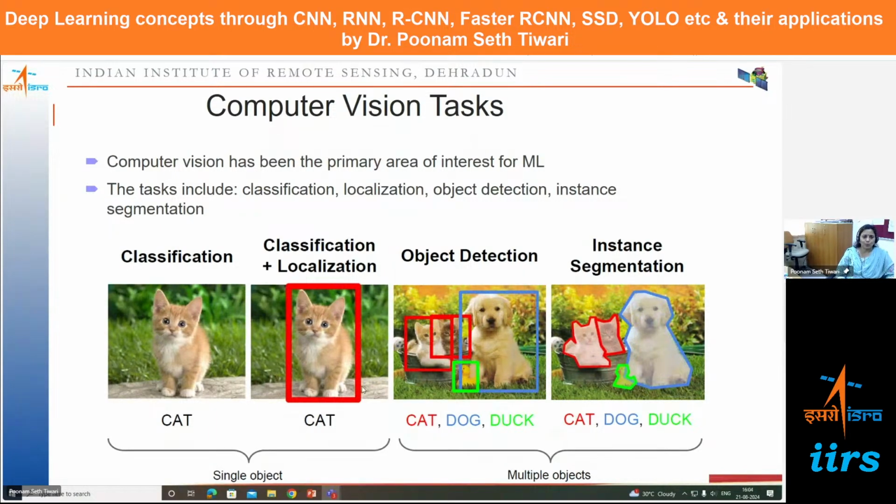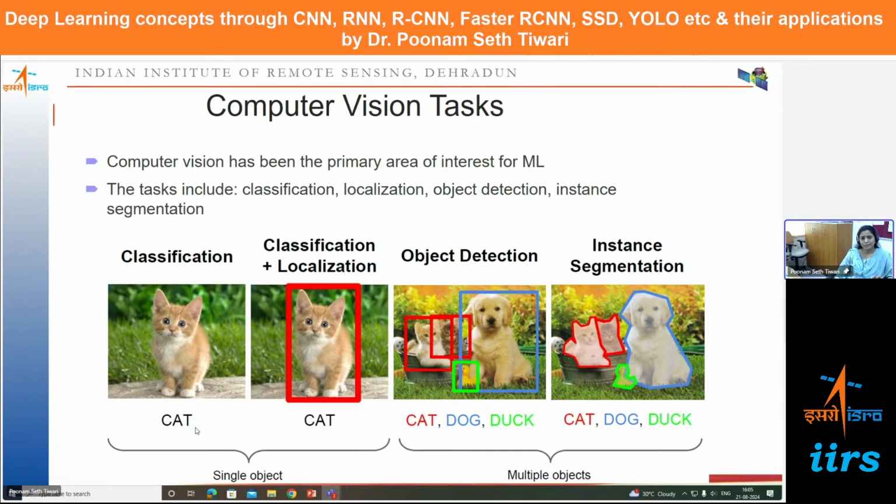For some applications, we also want to know exactly where the cat is located. So if I label it as cat and also mark a boundary, and not me but the software marks a boundary around the cat, this is called classification and localization.